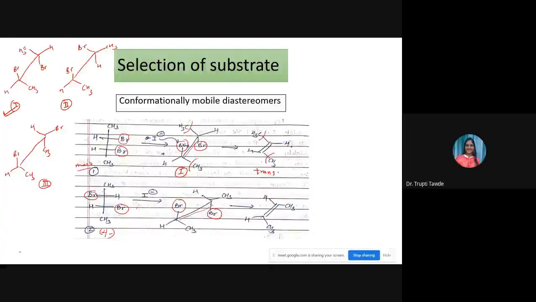Now if the double bond forms here, then I will have two CH3 groups on the same side, so I'm going to end up with cis. So the dynamic stereochemistry says when I start with a meso isomer I get the trans alkene as a product, and when I start with the plus minus isomer I end up with a cis alkene as a product. And how have we decided this? By selecting the conformer which satisfies the stereochemical requirement of the reaction.